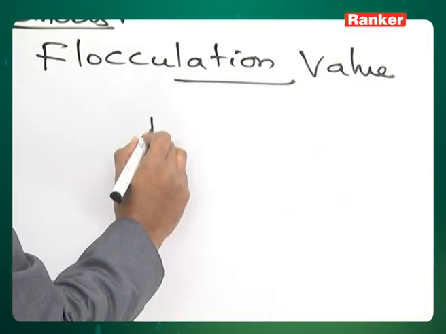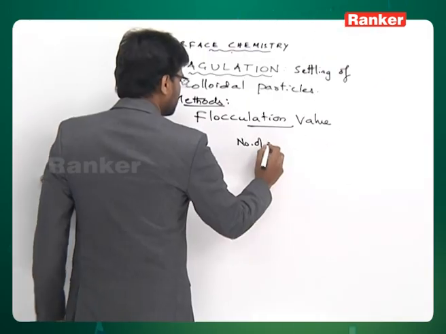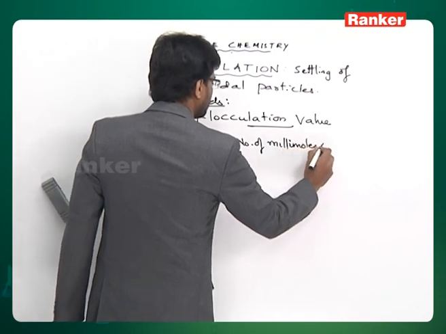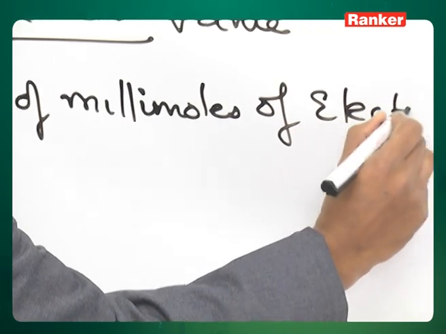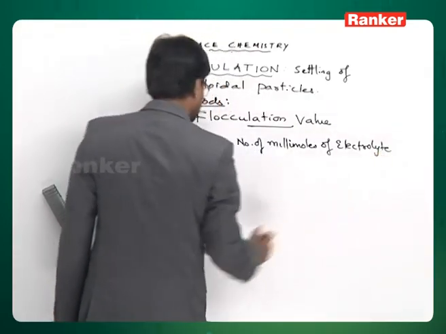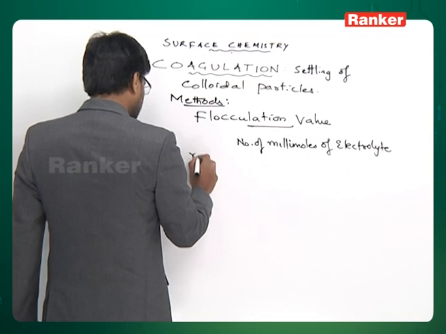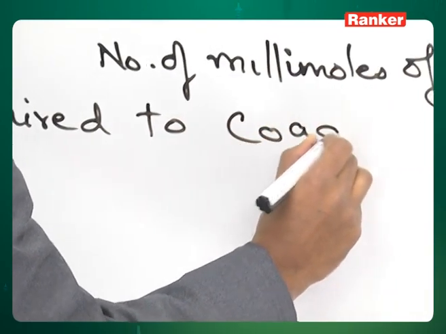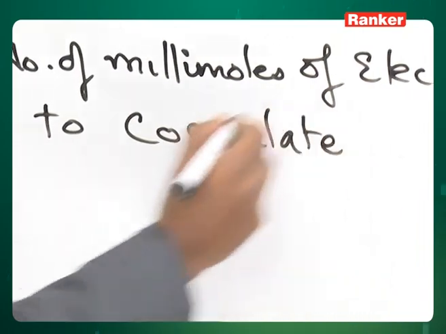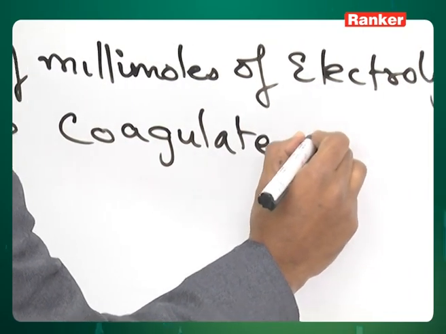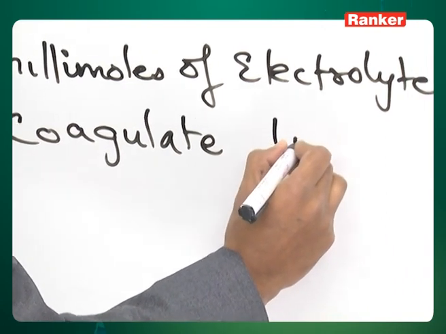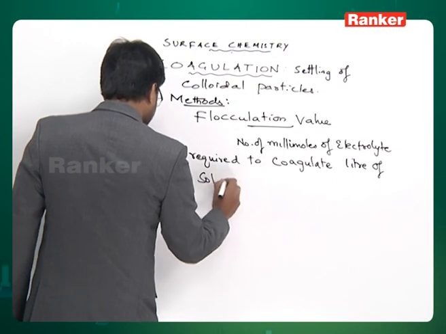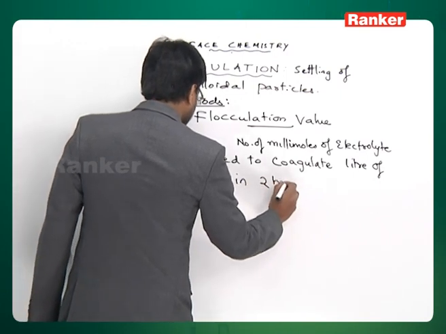It is the number of millimoles of electrolyte required to coagulate one liter of sol in 2 hours time.